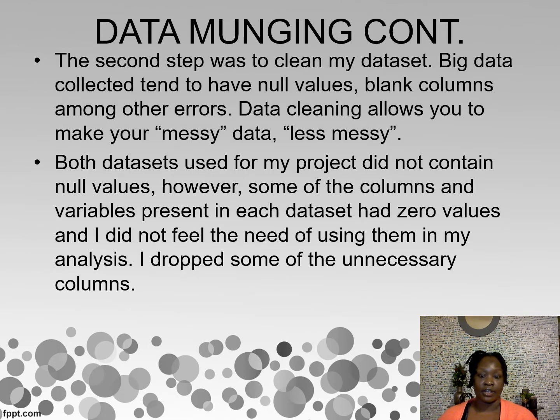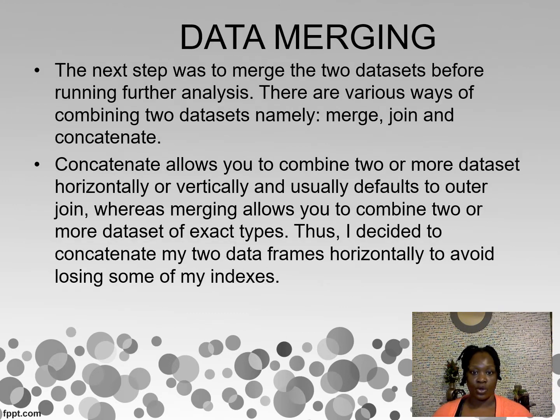I then followed with the data wrangling process of cleaning the dataset. My dataset did not contain any null values, but it did have unnecessary columns that I didn't need. So I ran data cleaning by dropping some of the columns in both the population census dataset and the house prices dataset.